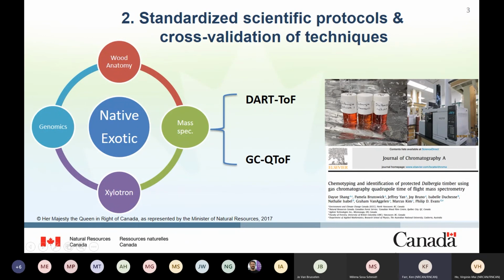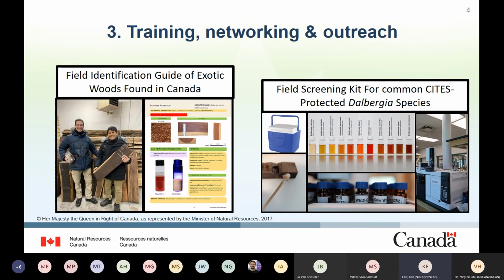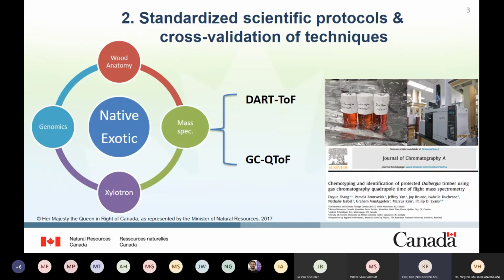And we believe that the GC-QTOF approach can be a reliable and non-destructive method. It's a technology that's used widely by environmental labs around the world. So we're testing it with our vouchered native species samples, and additionally, we have started building an exotic species database. And with that, I'm going to hand off the presentation to my colleague, Virginie.